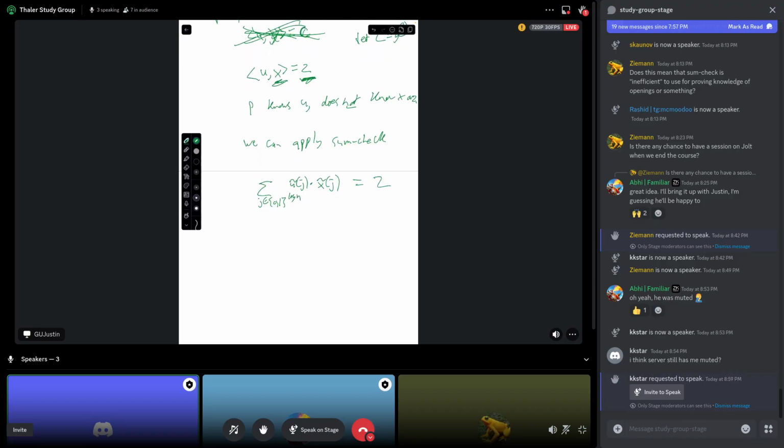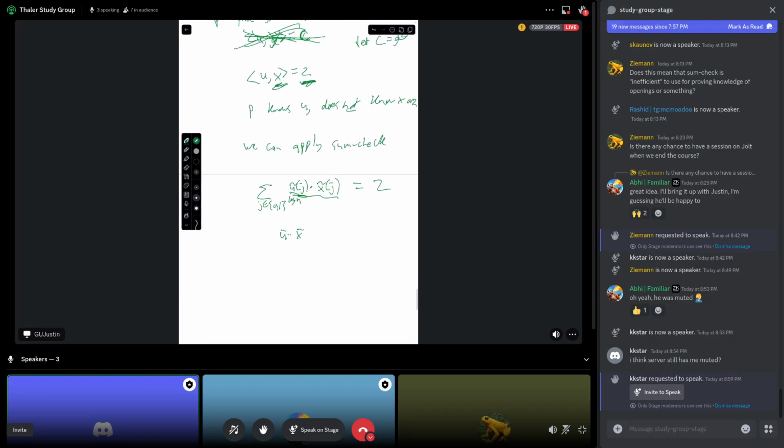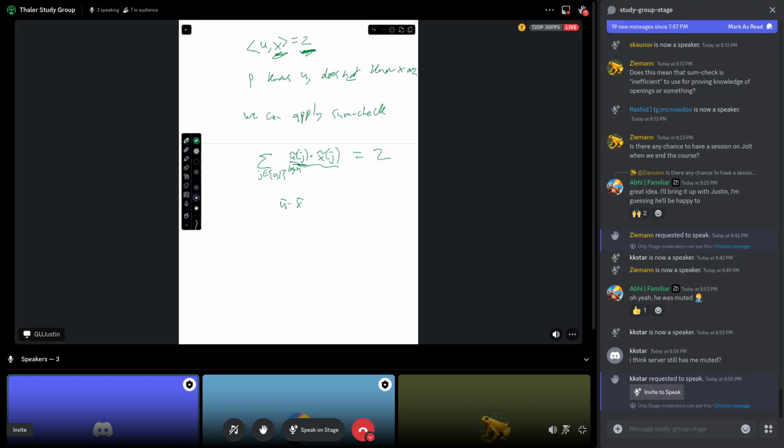You might ask how the prover can apply the sum-check protocol to U twiddle times X twiddle when it doesn't know X. The answer is it can do it homomorphically. The prover's message in each round of sum-check is a univariate polynomial whose evaluations can be expressed as products of an evaluation of U twiddle and an evaluation of X twiddle.